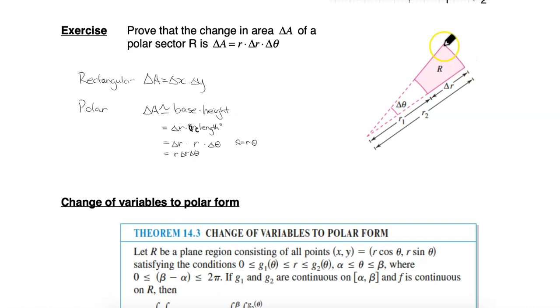And notice how the height is actually the arc length. So this is the arc length, and the formula for the arc length, s equals r times theta.